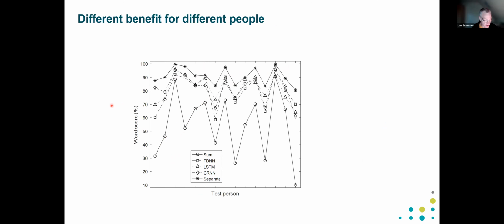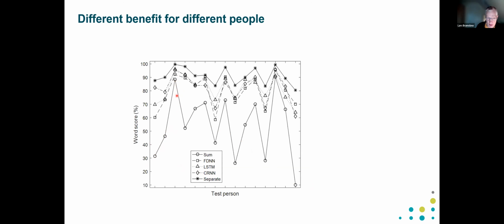The other thing I should mention is if we look at the individuals in the test, I mentioned we had 15 test persons, and the base performance for these is very, very different. So for the sum signal, you can see the circles here indicating that some have very poor scores for the sum conditions, and others like here have very good scores.